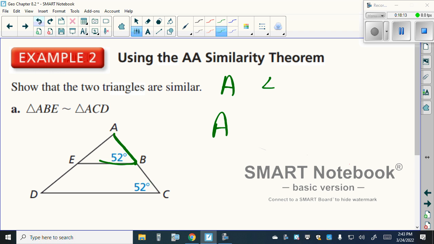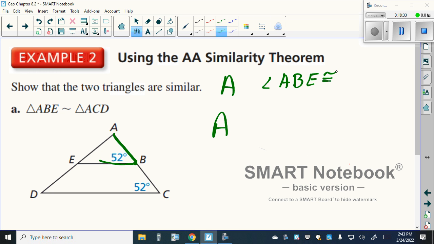We do need B, but we just need A and E. A, B, E. Kind of just drawing that out. That can sometimes get frustrating where we're using 1 or 3.